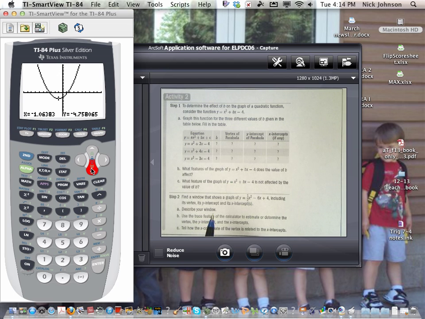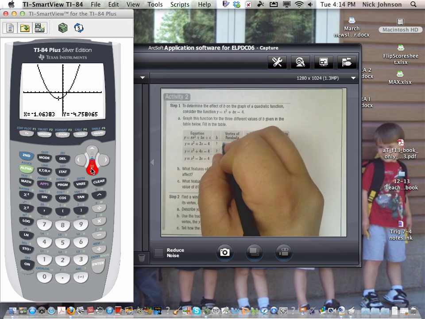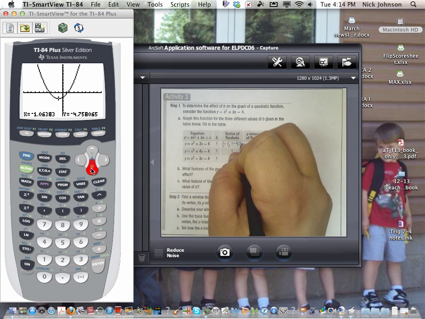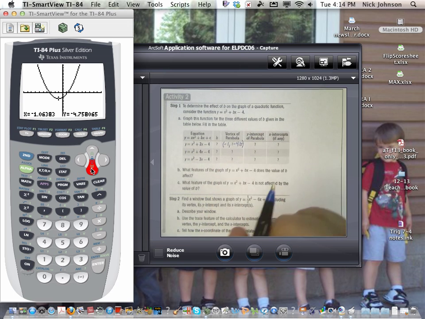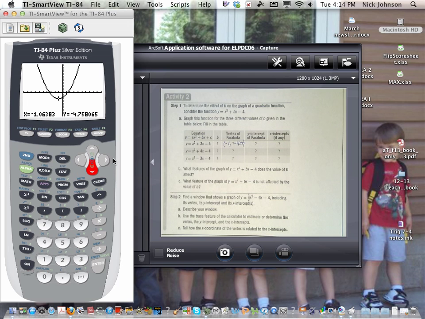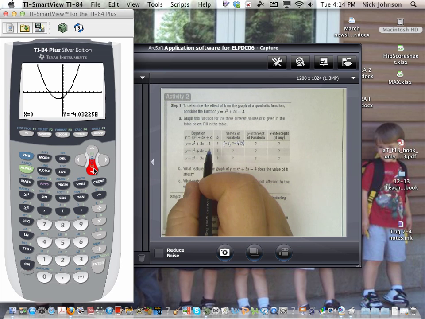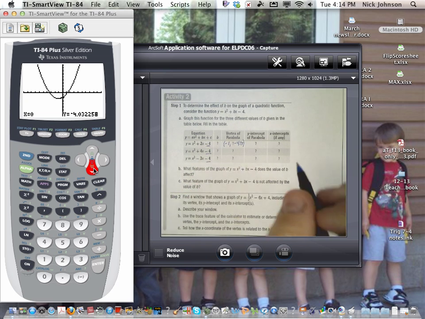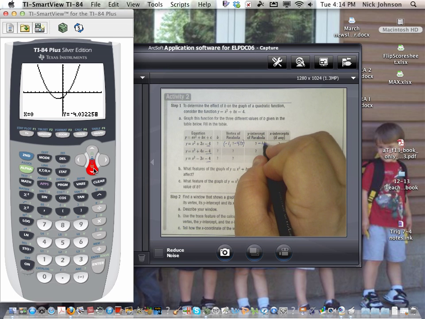Okay? So, my vertex is (-1, -4.75). My y-intercept, where it crosses the y-axis, is going to be right about at -4.